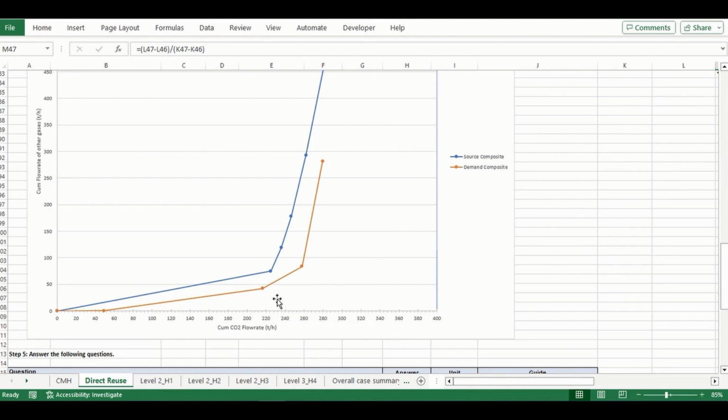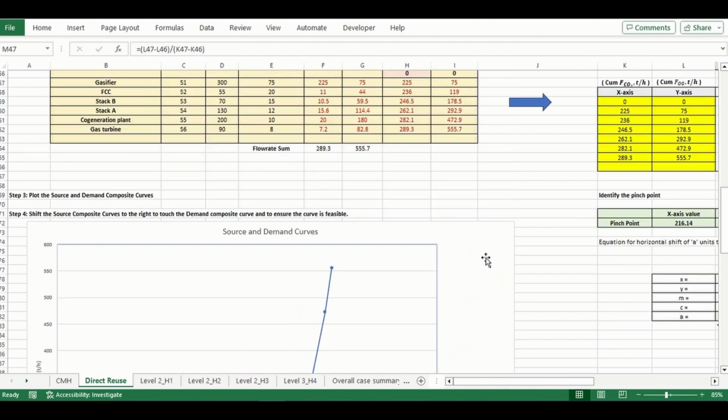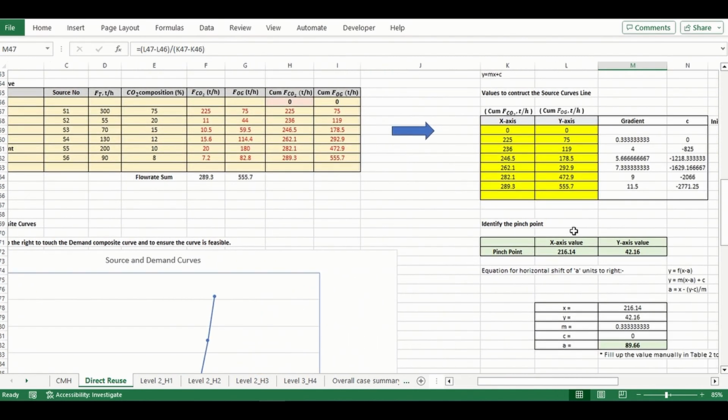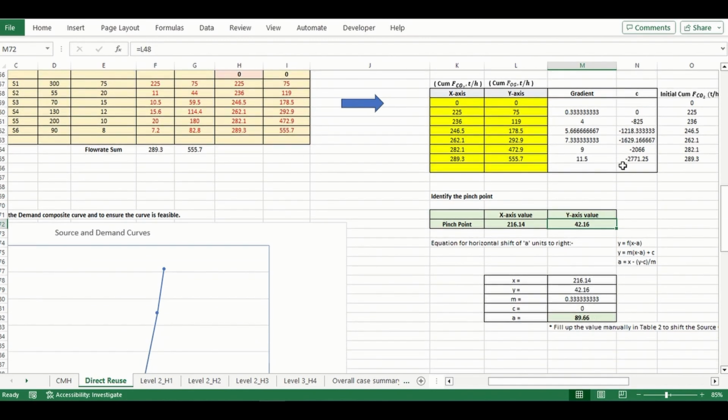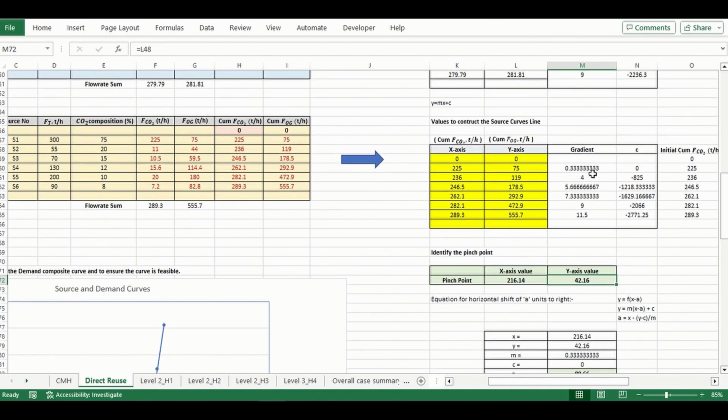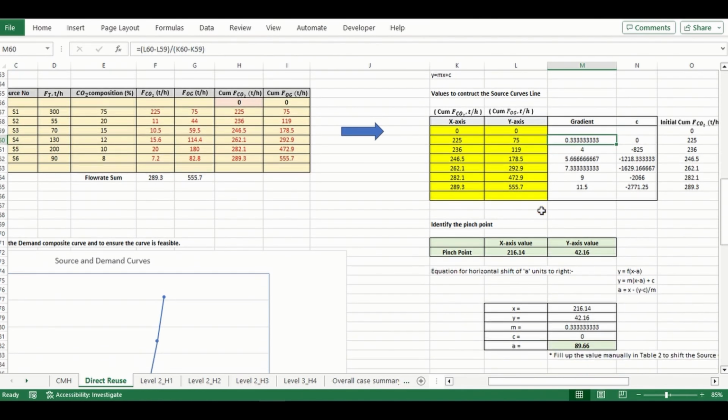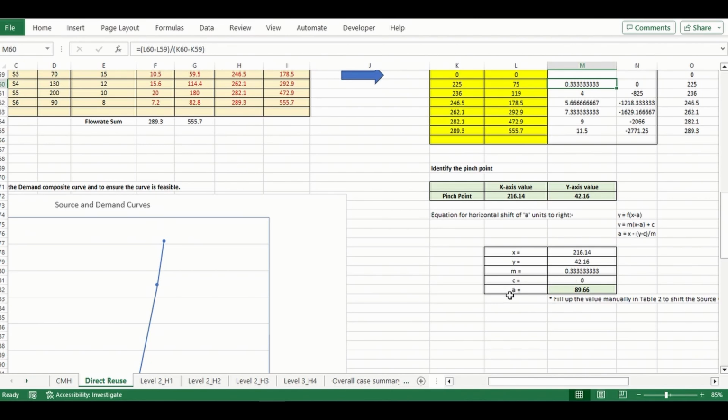After identifying the pinch point, we fill in its values here, and then find the y-intercept and also the gradient, as I mentioned before, using the simple mx plus c formula. We will get the horizontal shift value of 89.66.